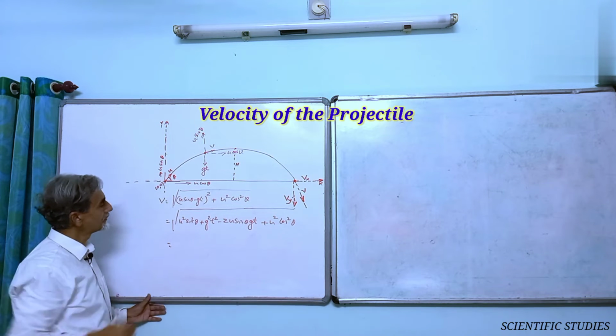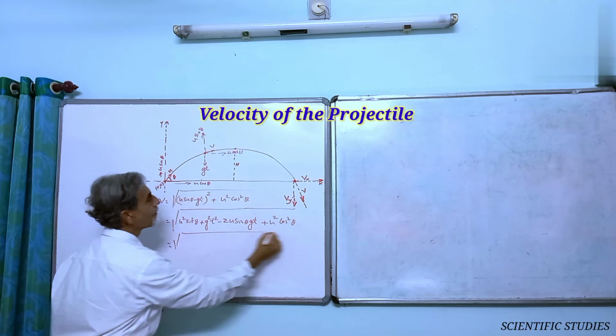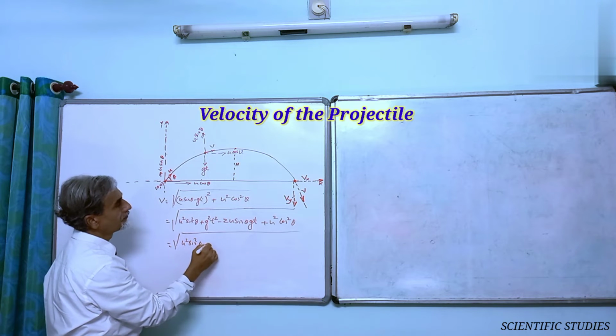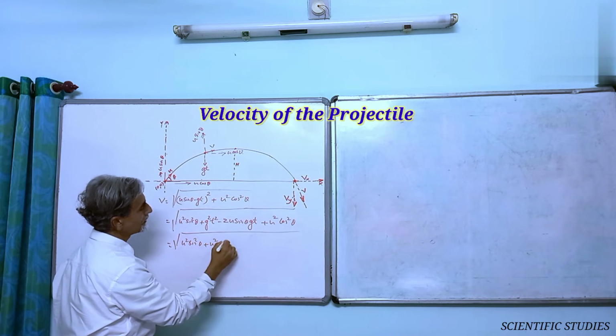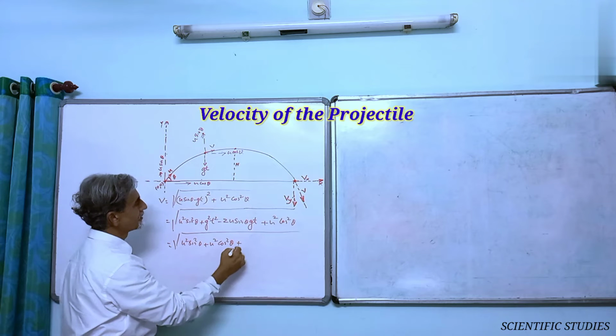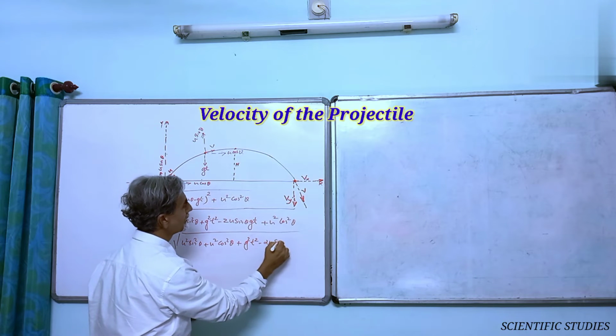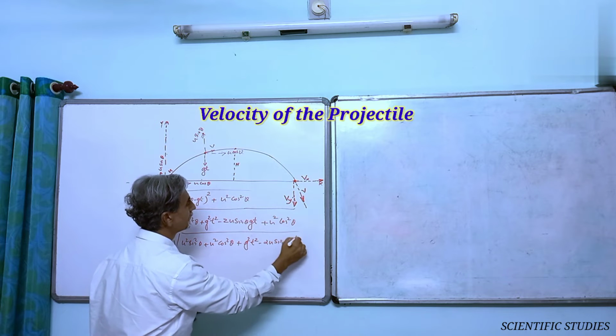That is again equal to root of u square sin square theta plus u square cos square theta plus g square t square minus 2u sin theta gt.